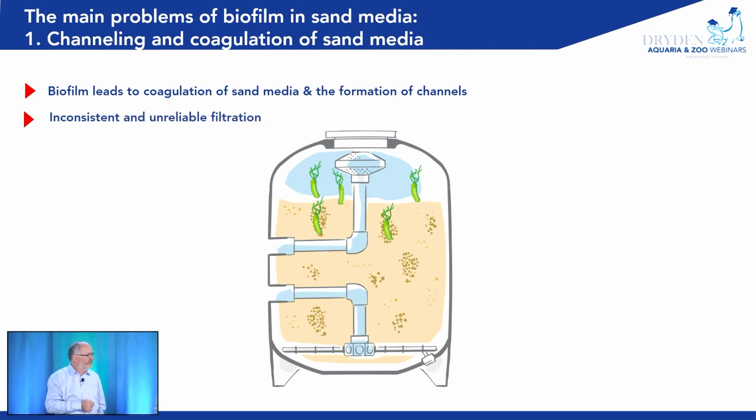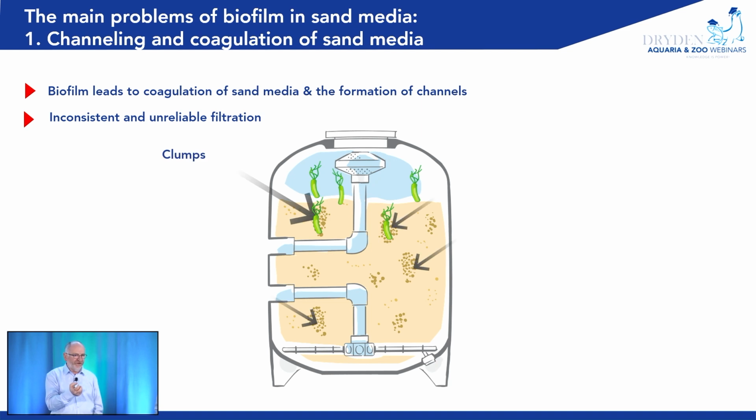So the bacteria are looking for a surface to settle on. They then settle on the grains of sand media. They protect themselves with a biofilm. That biofilm, they then reproduce within that protective environment. And they cause clogging of the sand grains.